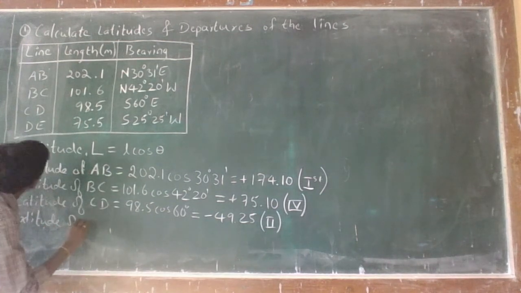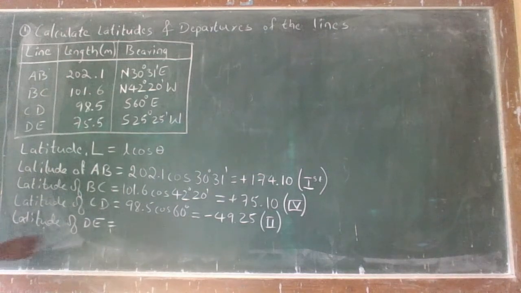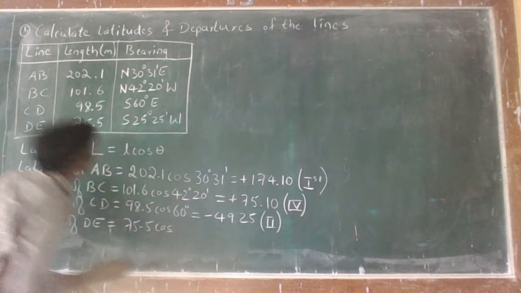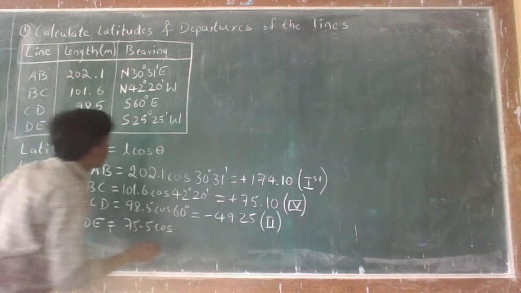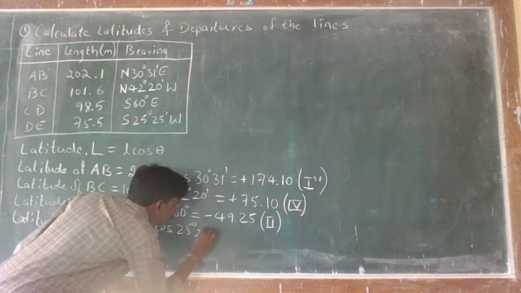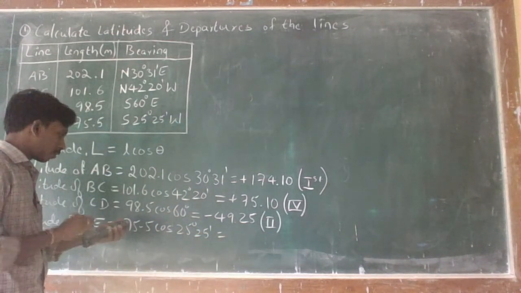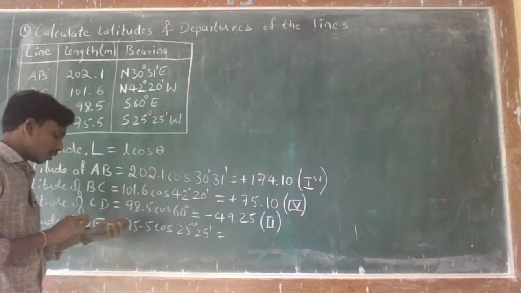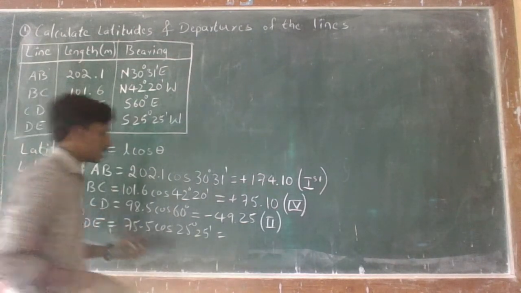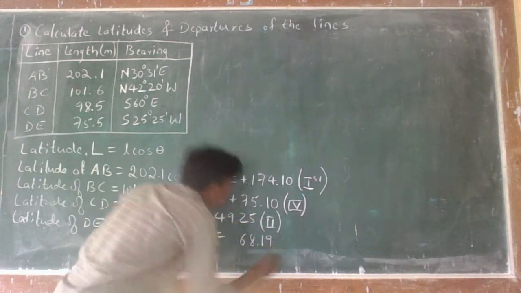Next, let's move to the latitude of DE. The length of DE is 75.5 cos. The bearing is 25 degrees 25 minutes. Now calculate 75.5 cos 25 degrees 25 minutes. So you will get the value 68.19.